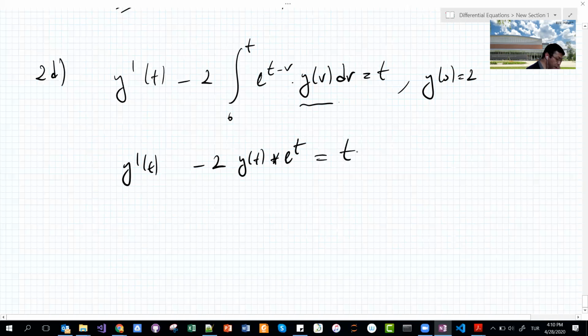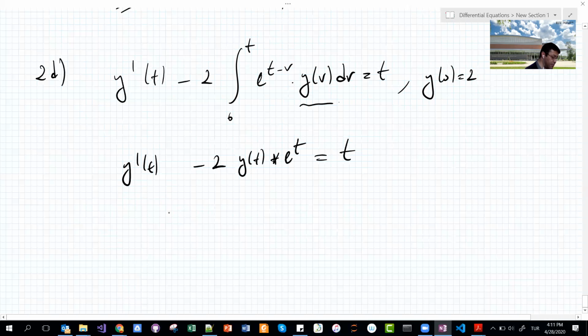I'm hoping you don't have any problem seeing this integral in the convolution form. If you are given an integral differential equation, you need to convert that integral into a convolution problem. Then I will continue in the same way as I did for the other question.